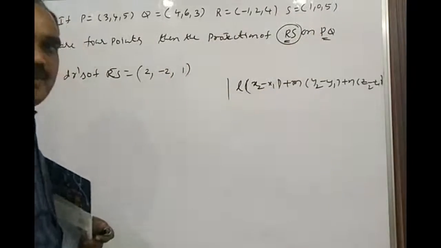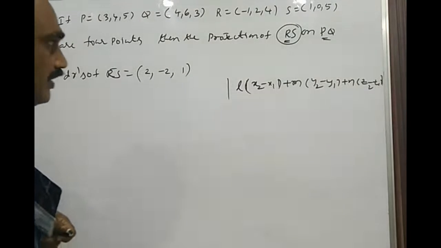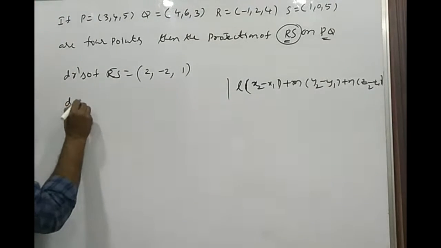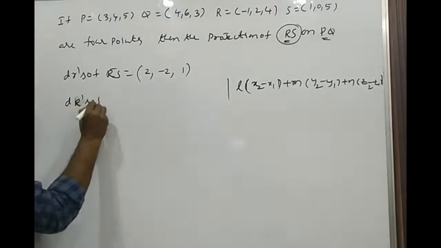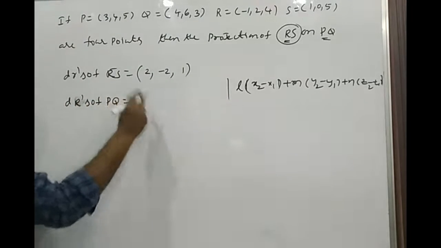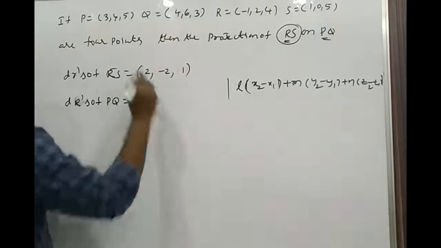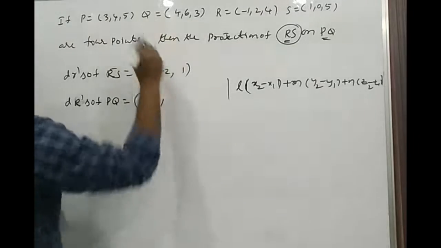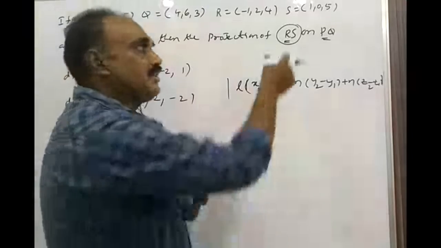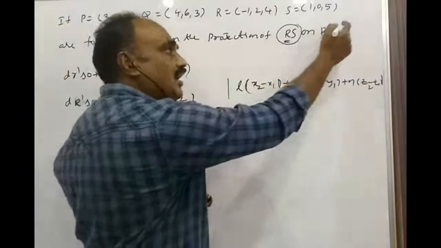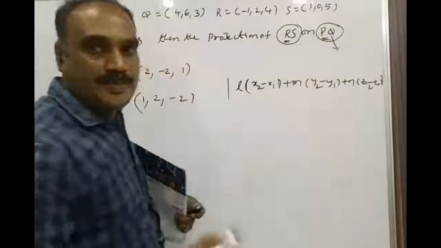Direction ratios formula is x2 minus x1, y2 minus y1, z2 minus z1. Next, direction ratios of PQ: x2 minus x1, 4 minus 3, 1; 6 minus 4, 2; 3 minus 5, minus 2. Here calculate direction cosines of PQ.